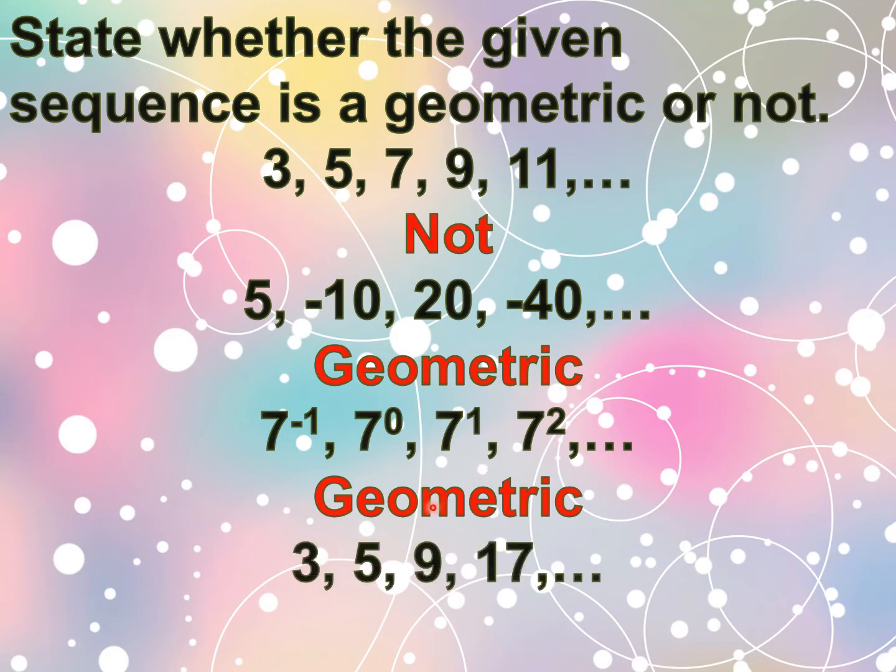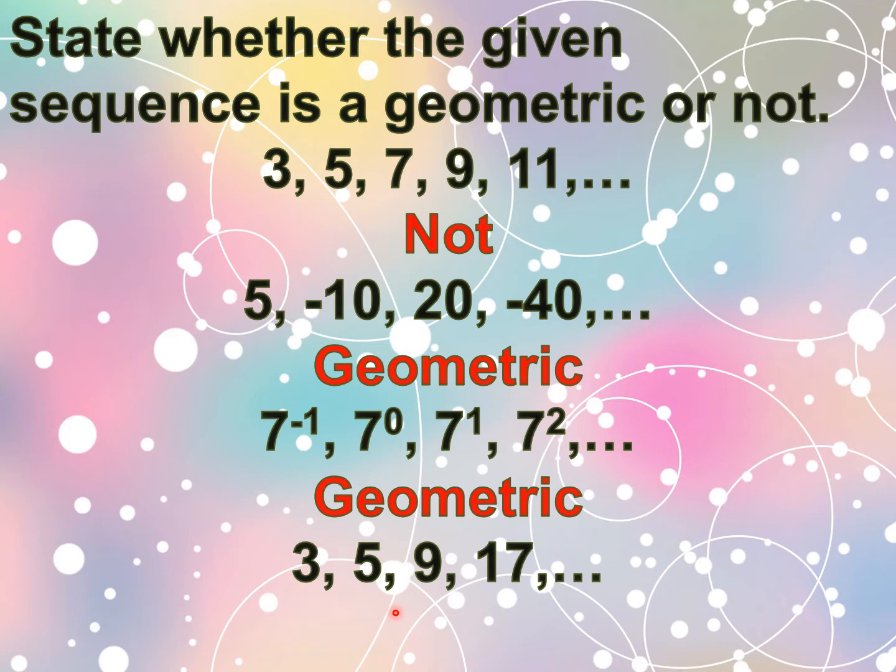Next, let's have the last example. 3, 5, 9, 17. Try natin muna i-verify kung geometric siya by dividing the second term sa first term. 5 divided by 3 ay 5 over 3. 9 divided by 5 ay 9 over 5. Since magkaiba sila ng quotient, yung 5 over 3 is not equal to 9 over 5, this is not a geometric sequence.